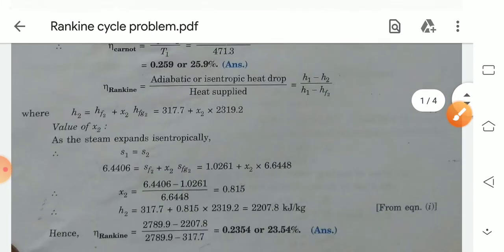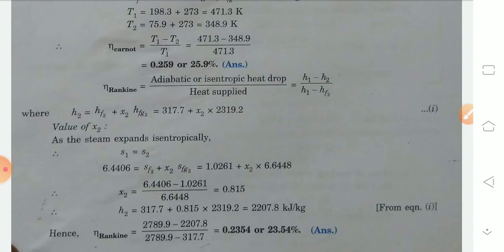So you can find H2 is equal to Hf2 plus x2 Hfg, using the steam table, so you can put this value 317.7 plus x2 into 2319.2 kilojoule per kg.